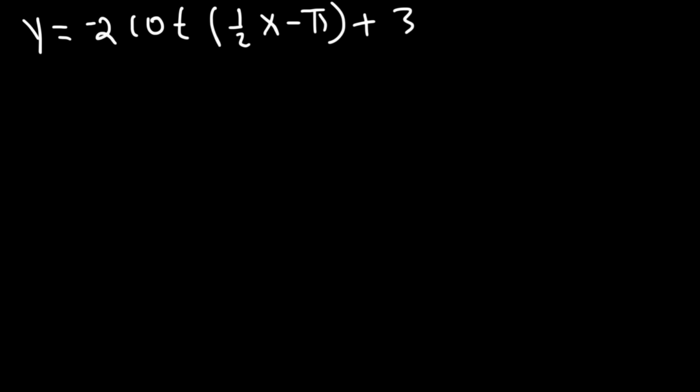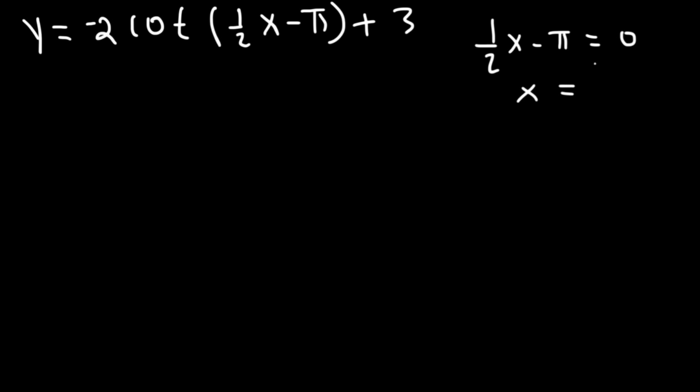What do we need to do? In this case, you need to be careful. Now, if you're dealing with cotangent, remember the vertical asymptotes are 0, pi, 2 pi, and so forth. To find the first vertical asymptote, set the inside equal to 0 and solve for x.